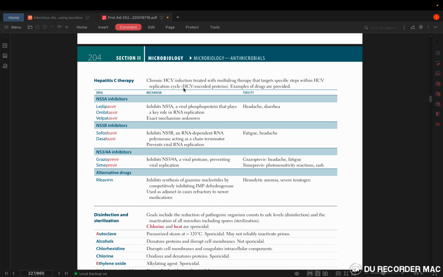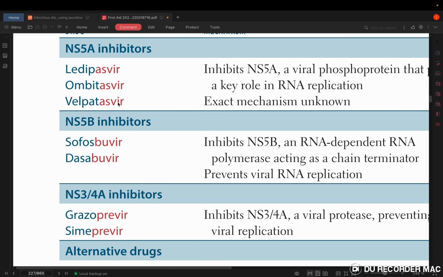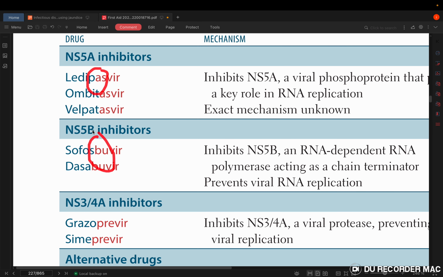So the hepatitis C virus encoded proteins must be destroyed, okay? Or prevented from being made. Examples of the drugs are provided as follows. So we have the A's and the B's and the P's. Go alphabetically. A, B, and P. Okay? Alphabetically.